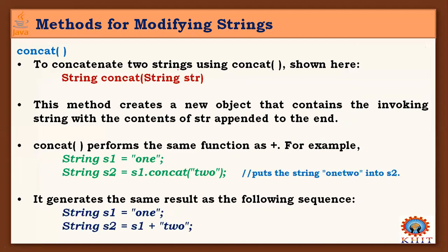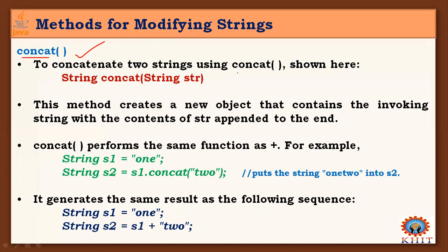Next one, concat is a method of modifying. Here I will show you why the string value is not modifiable or does not change during the program. Why? Because these are immutable objects. String objects are immutable, that is, they cannot be changed. I will show you this clearly.